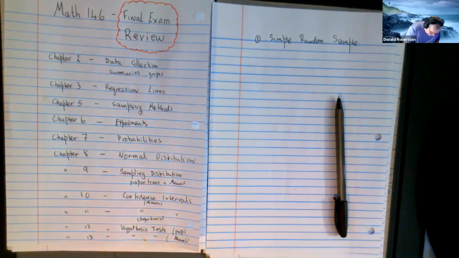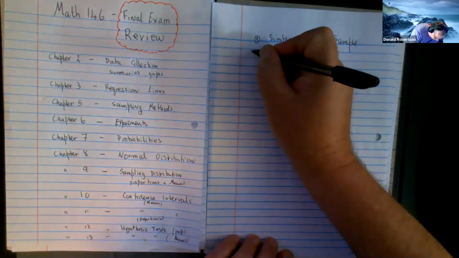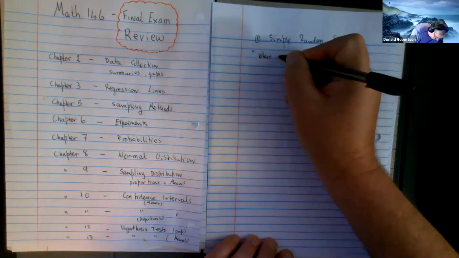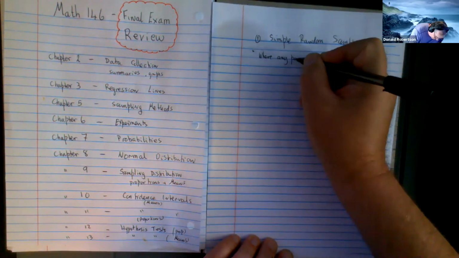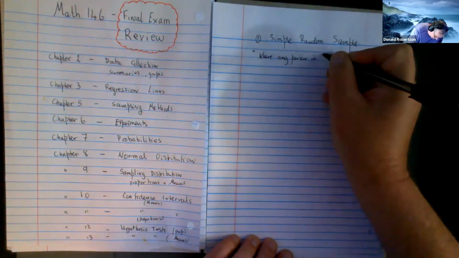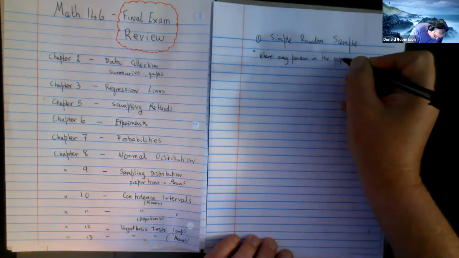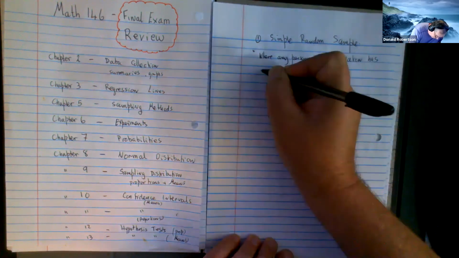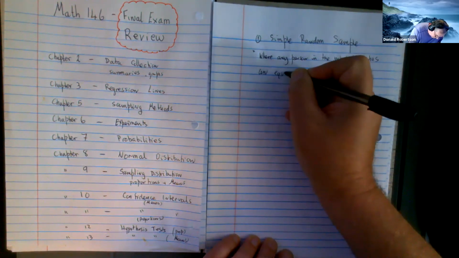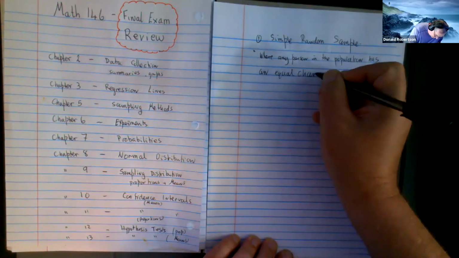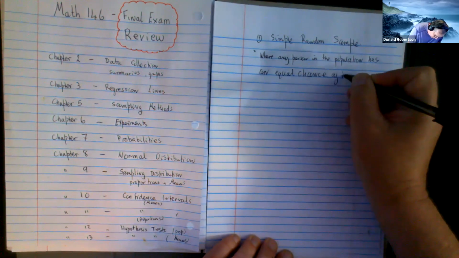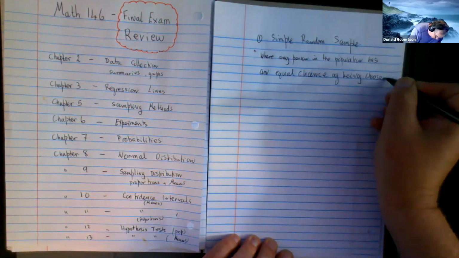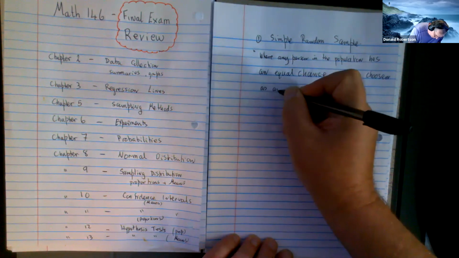Okay. Here's a kind of formal definition: any person in the population has an equal chance of being chosen as any other person.